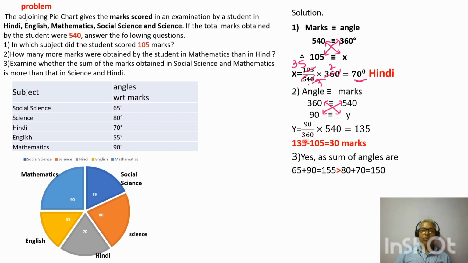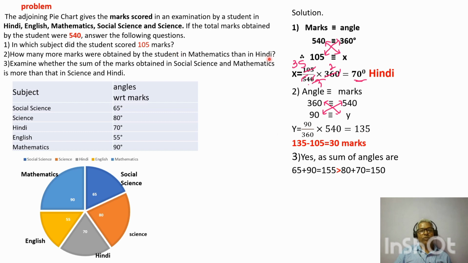Y equal to 90 upon 360 into 540 gives 135 marks if you calculate this. So in mathematics he got 135 marks, but the question is how many more marks were obtained in mathematics than in Hindi. So how many marks more he got? 135 minus 105, 30 marks more he got in mathematics than in Hindi.